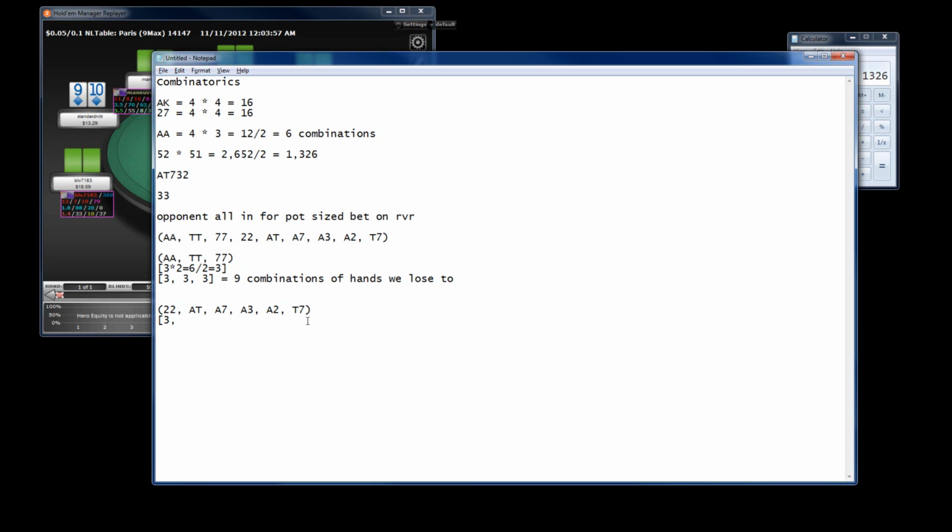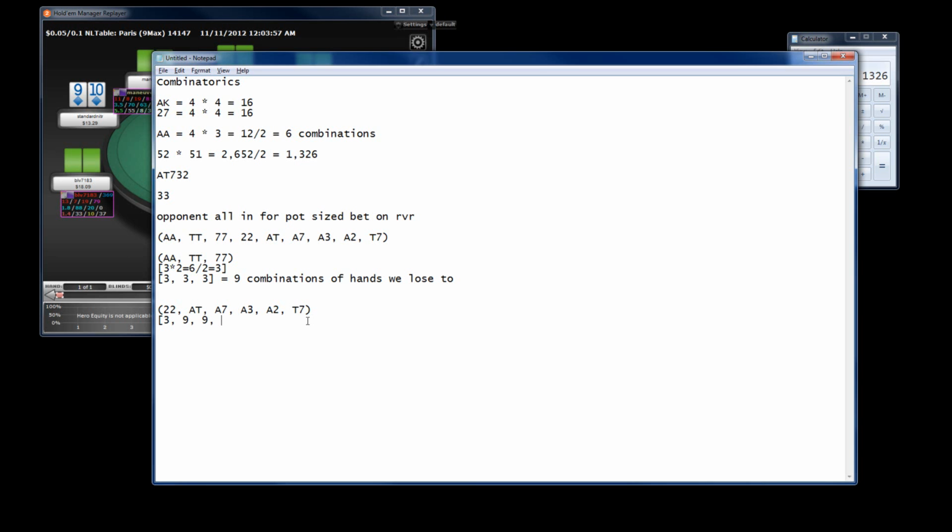So there's an ace on board. How many different aces are left in the deck? Well, there's going to be 3 of them. How about 10s? How many different 10s are left in the deck? And there's going to be 3 of those as well. So you do 3 times 3, and that equals 9. So there's 9 combinations of ace 10. And how about ace 7? There's going to be 3 times 3, and that's going to be 9 again.